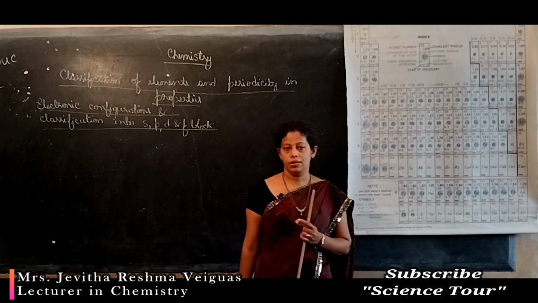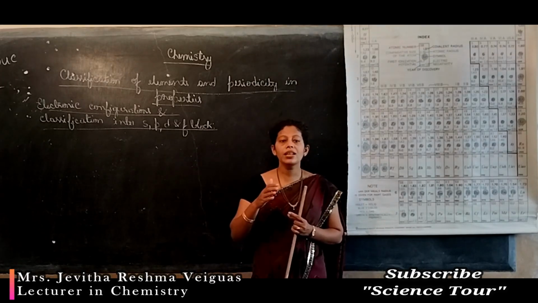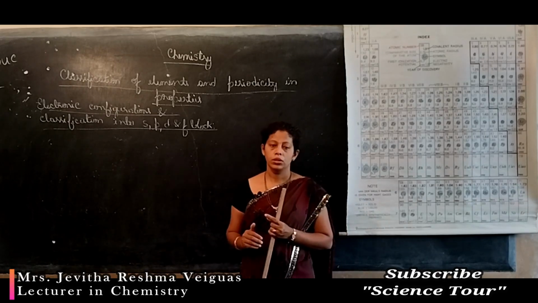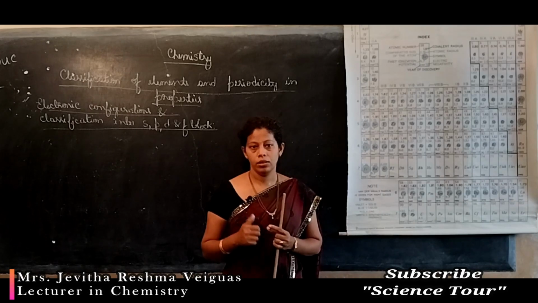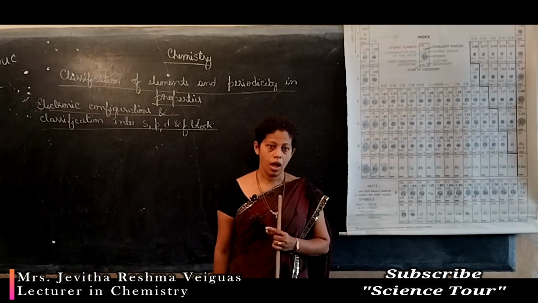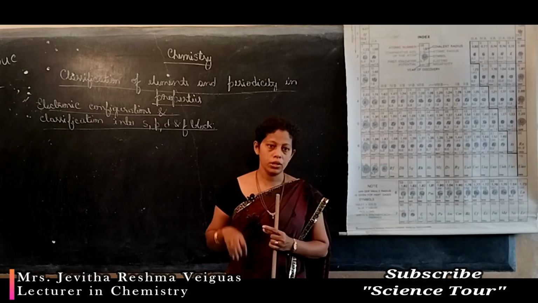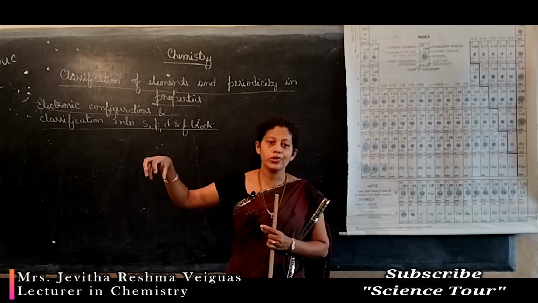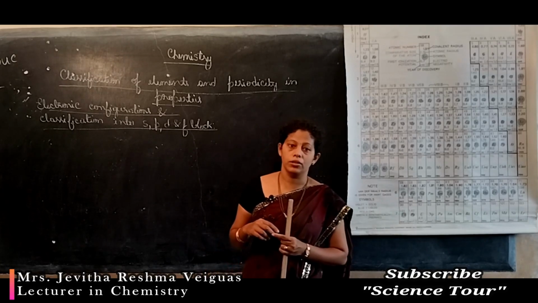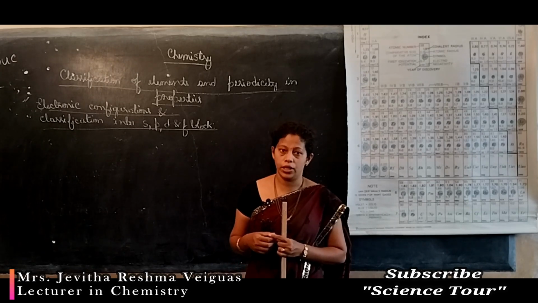It is arrangement of electrons in the various orbitals according to the principles like Aufbau principle, Pauli's principle and Hund's rule. Based on these rules, electrons are arranged in various orbitals in the increasing order of the energies of the orbitals. That gives us electronic configuration.